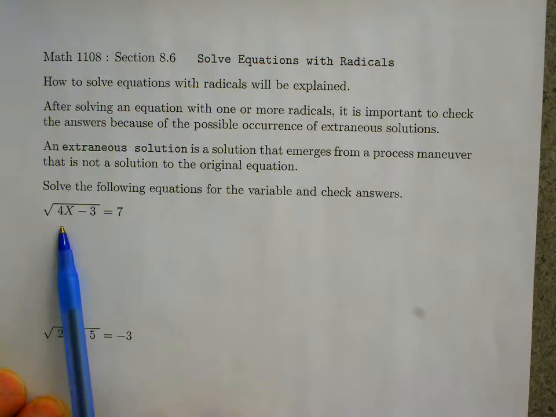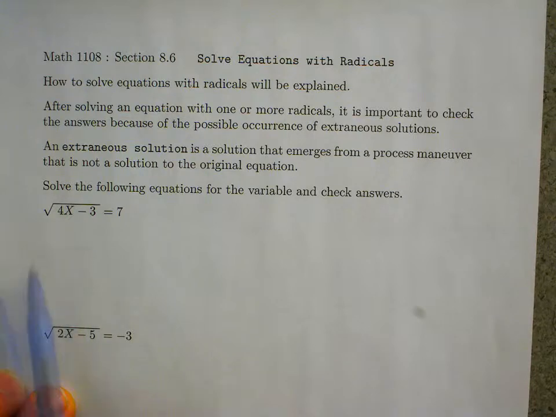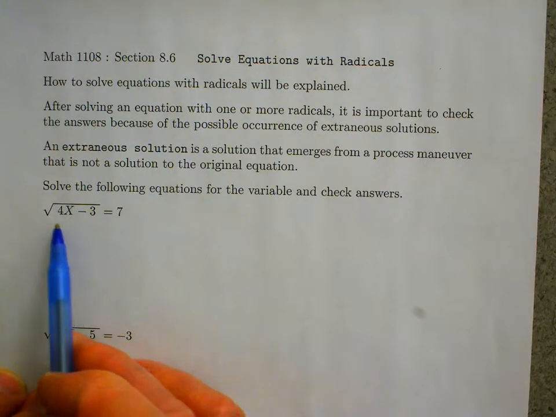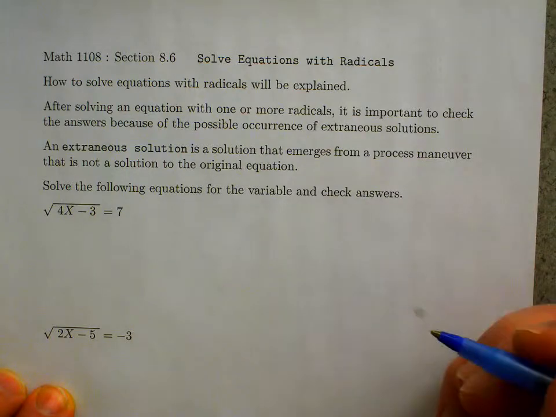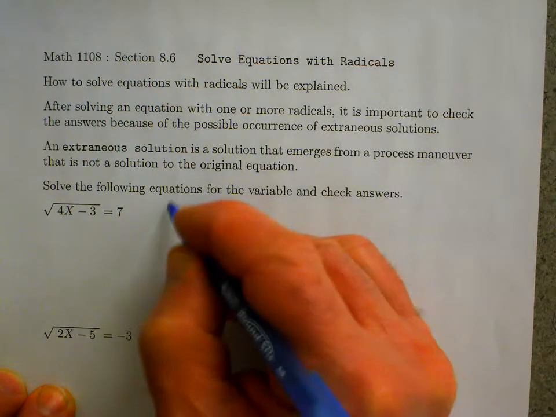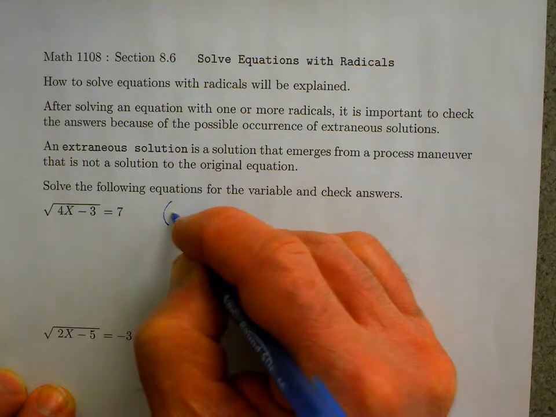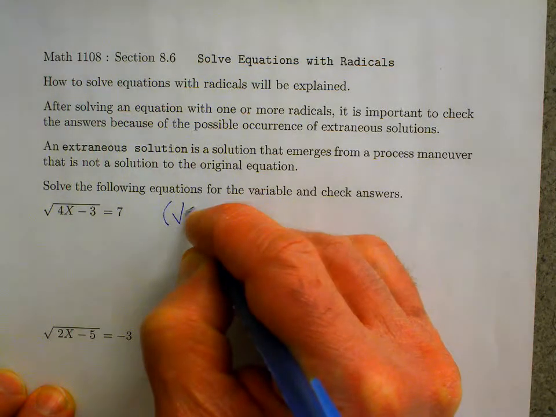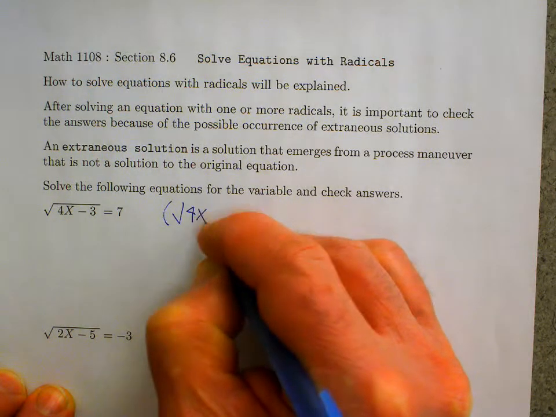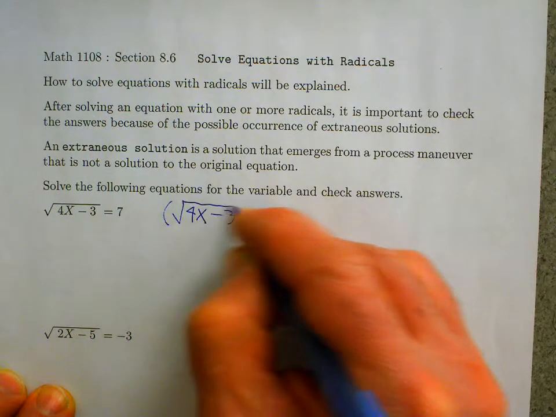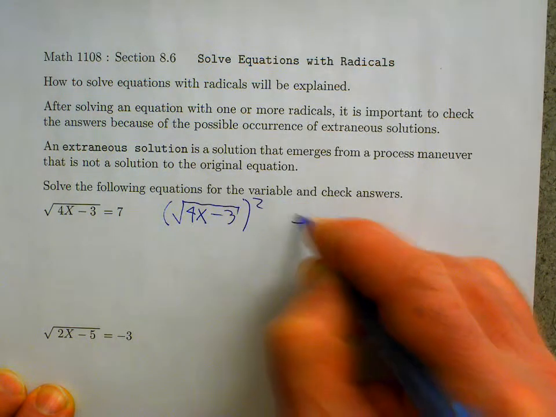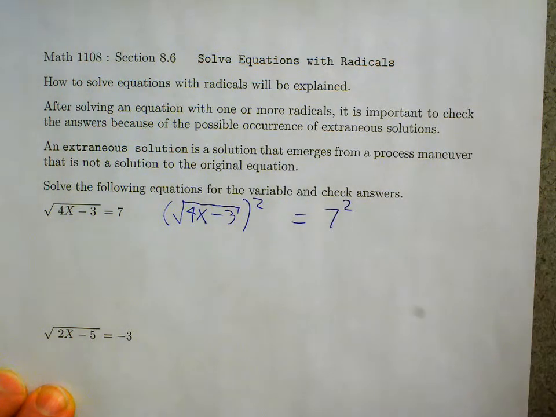To solve for x, we need to get x out of the square root. So since x is inside the square root, we square both sides. We square the left-hand side, the square root of 4x minus 3, and we square the right-hand side, 7 squared.